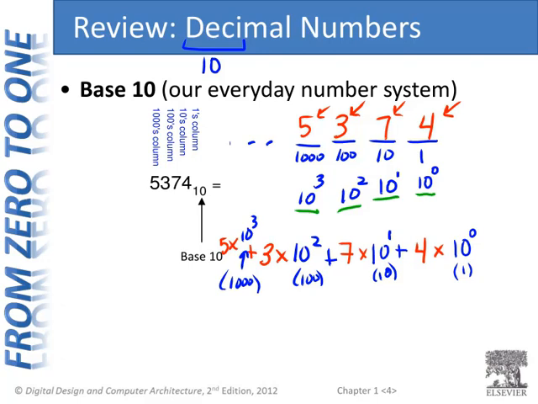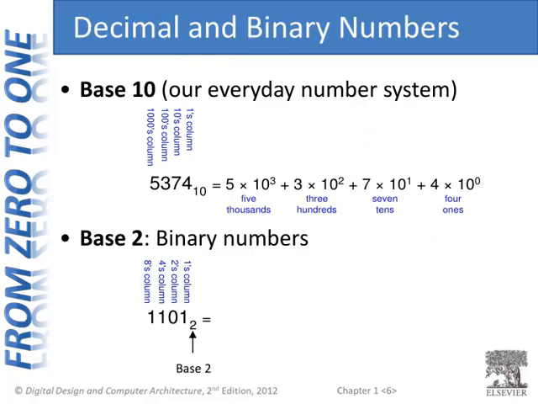And so when we add these all together, we get our value 5 times 1,000 plus 3 times 100 plus 7 times 10 plus 4 times 1. We get 5,374.